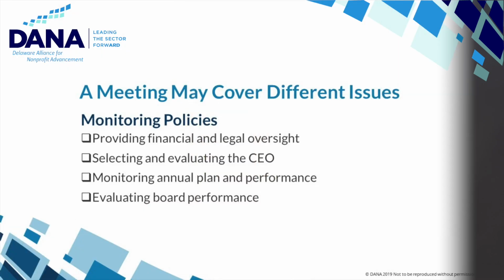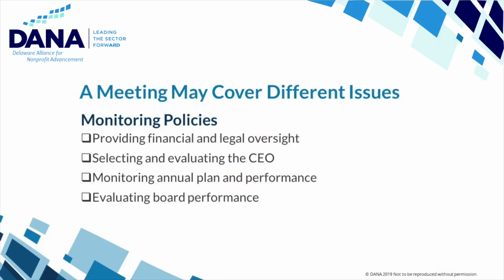The second area is monitoring, creating policies and then ensuring the organization is fulfilling those policies. And that includes the financial and legal oversight of the mission, selecting and evaluating the executive director, evaluating the board, and monitoring that programs are fulfilling the outcome goals that you've set and are also meeting your financial and sustainability targets.